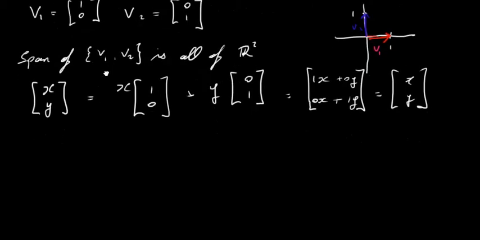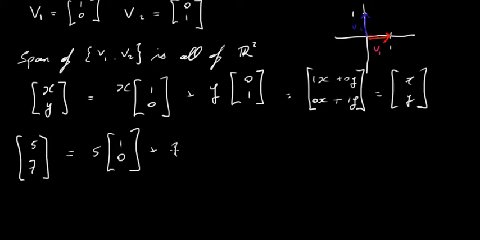So for example, if we take the position vector (5, 7), that's just simply going to be 5 times v1 plus 7 times v2. So you get 5 times 1 is 5 plus 7 times 0, so that just gives me the 5. 5 times 0 is 0, plus 7 times 1 is 7 here.